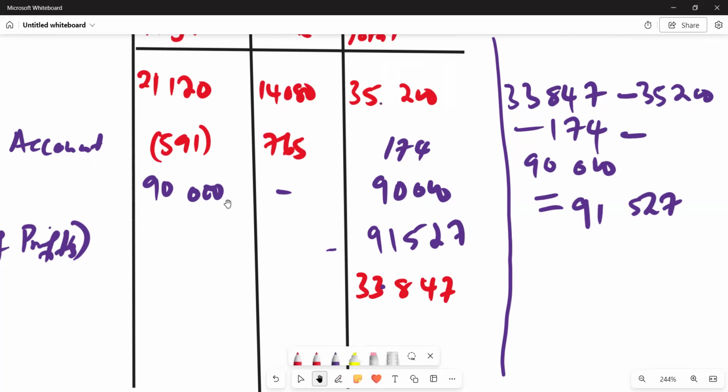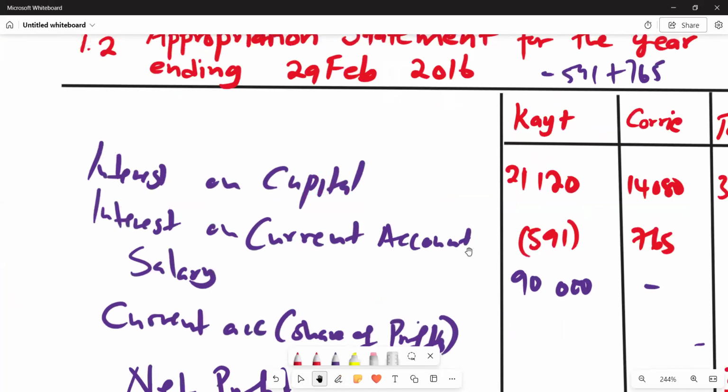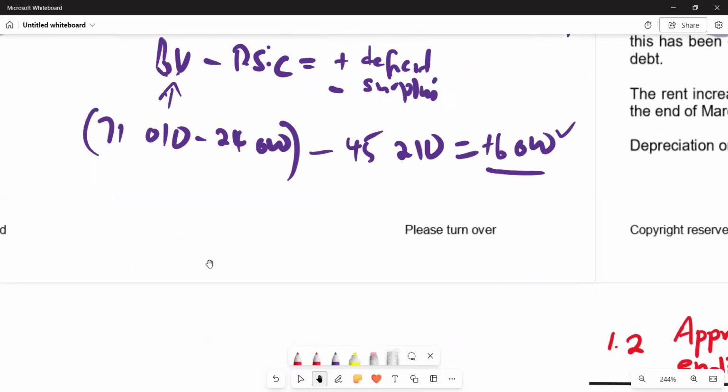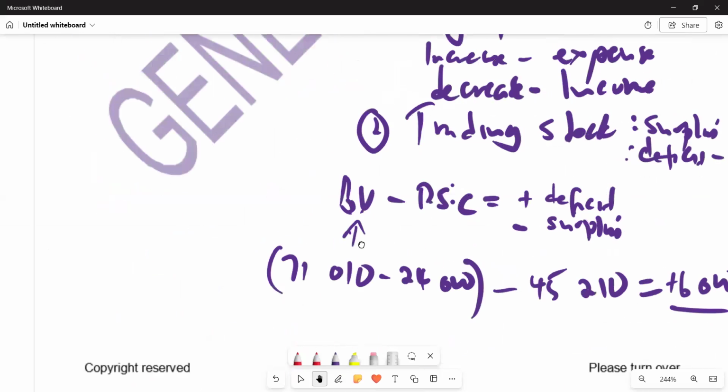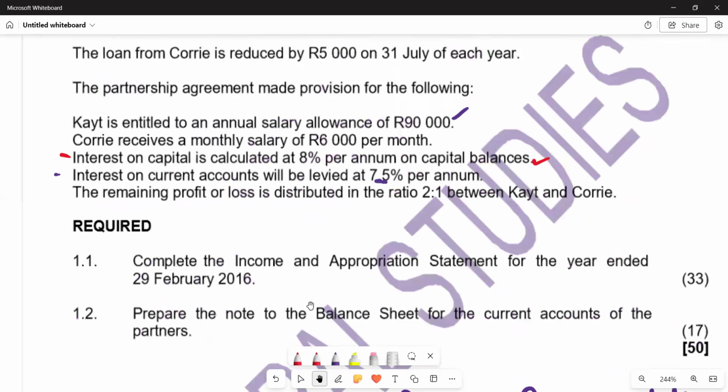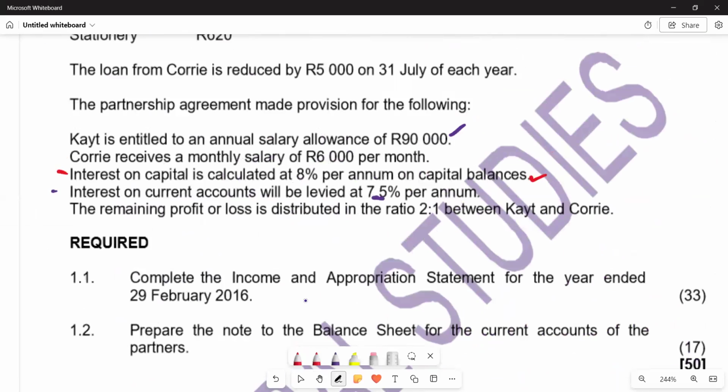But we go to the partnership agreement to check the profit sharing ratio. They are saying in the last point that the remaining profit or loss is distributed in the ratio of 2:1 for Kate and Corey. So this one is for Kate and this one is for Corey. As simple as that.